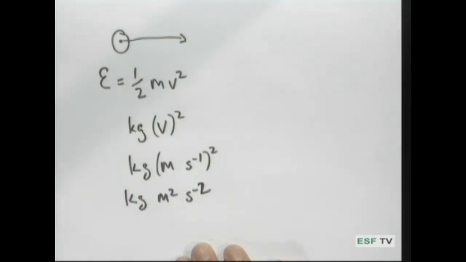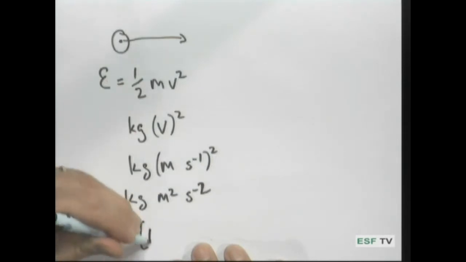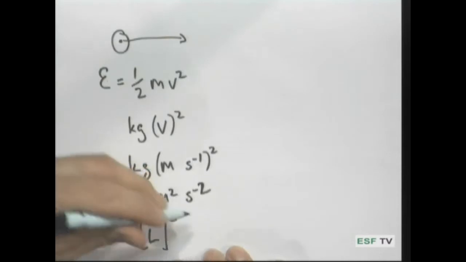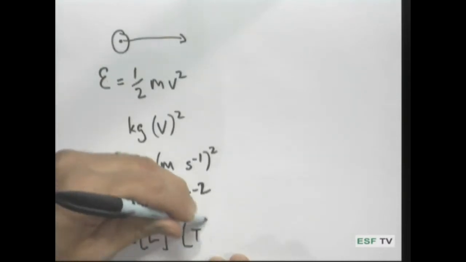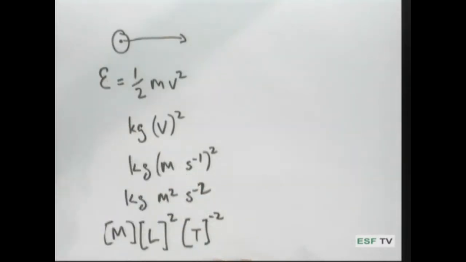And we can reduce this to dimensions. We have mass, M, times length squared times time to the -2. These are the dimensions of energy. You can calculate an energy quantity from any system of units that you care to.